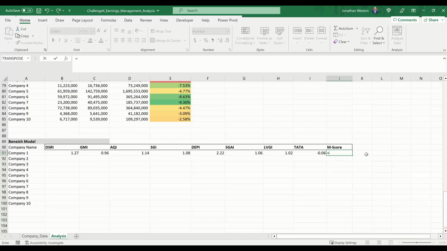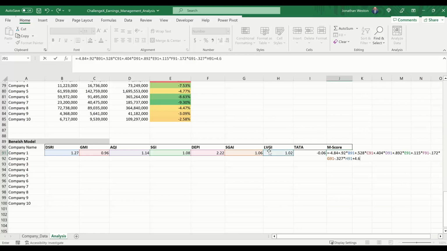So the first is a y-intercept of negative 4.84 plus 0.92 times the DSRI plus 0.528 times the GMI plus 0.404 times the AQI plus 0.892 times the SGI plus 0.115 times the depreciation index minus 0.172 times the SG&A index minus 0.327 times the leverage index plus 4.679 times the total accruals to total assets.